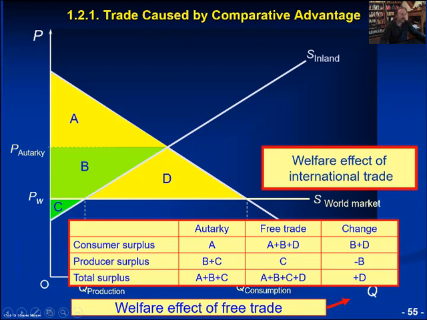If we rely on the normative decision that welfare of producers should have the same weight as the welfare of consumers, the net effect of a transition to free trade is positive, since consumers gain more surplus as producers lose. Hence, the area D is a net gain.